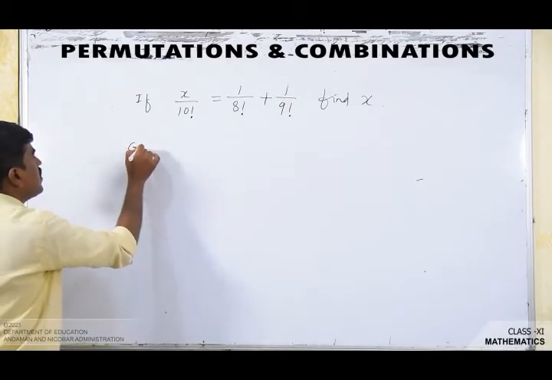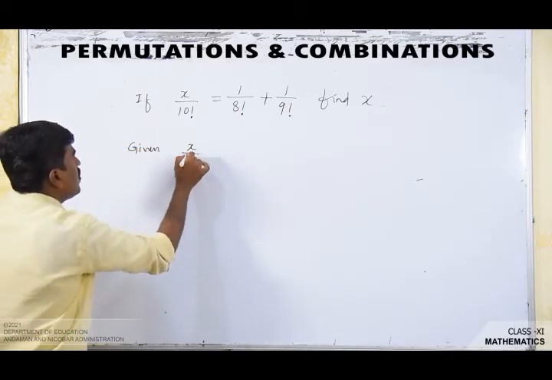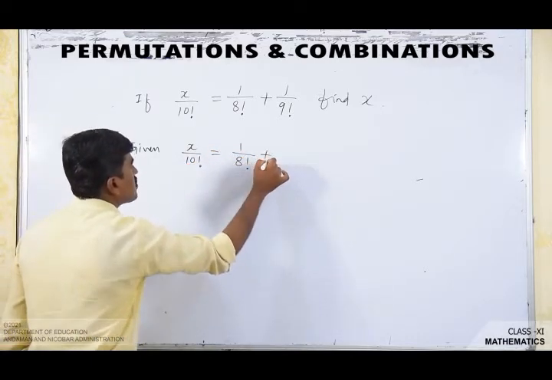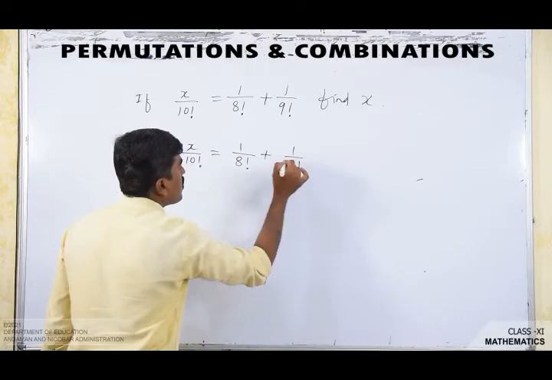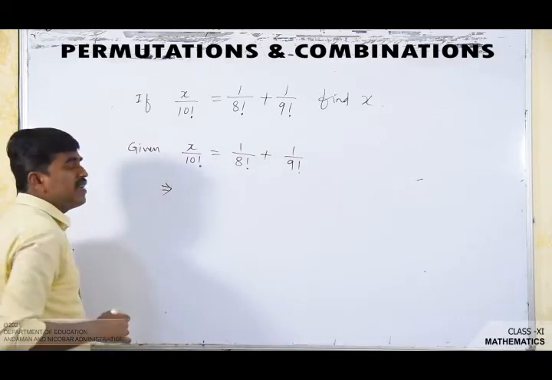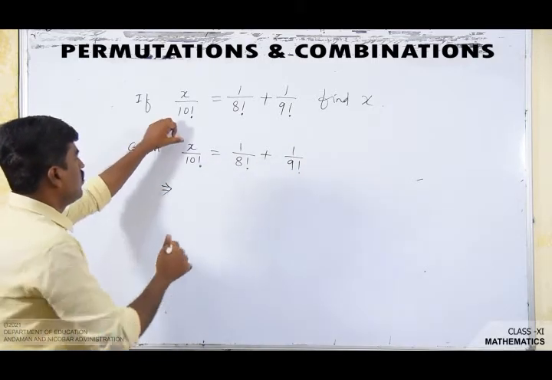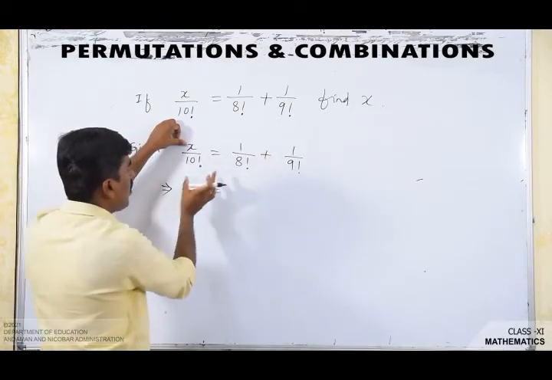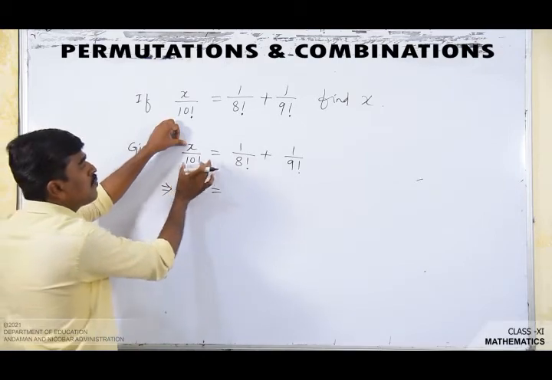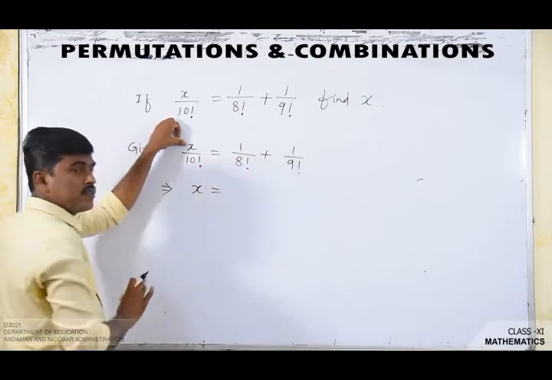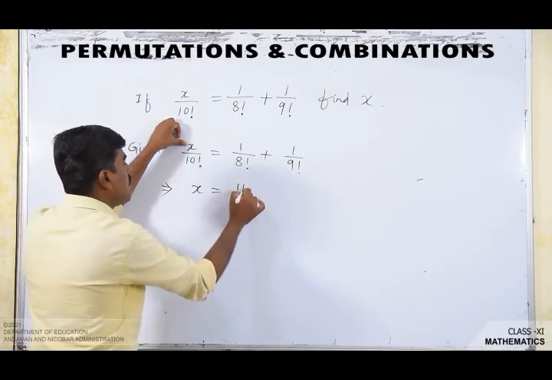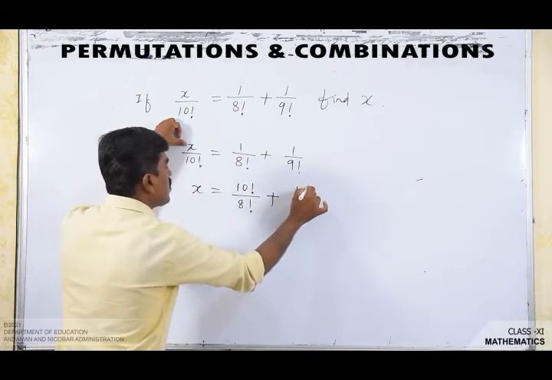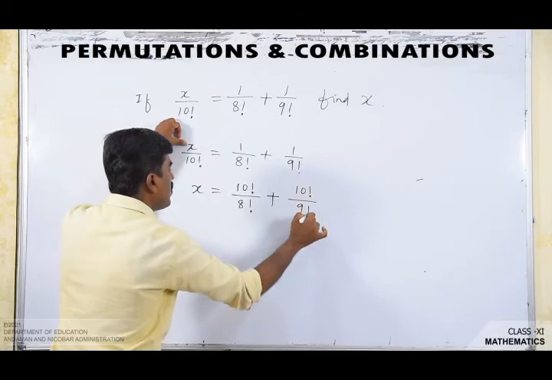The given equation is x upon 10 factorial equals 1 by 8 factorial plus 1 by 9 factorial. If we multiply both sides by 10 factorial, we get x equals 10 factorial divided by 8 factorial plus 10 factorial divided by 9 factorial.